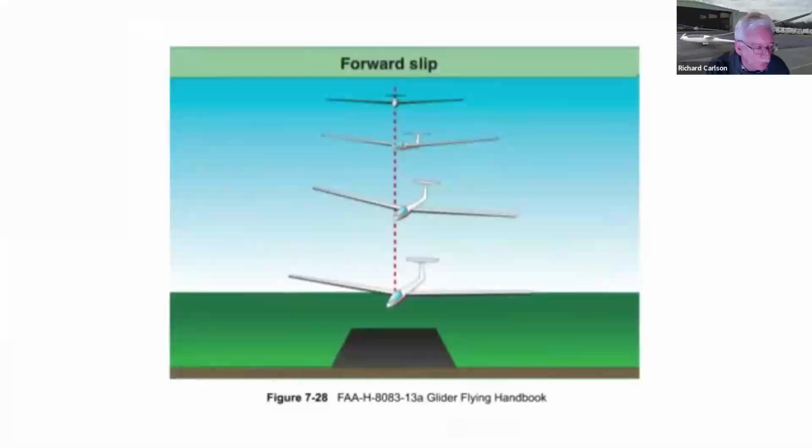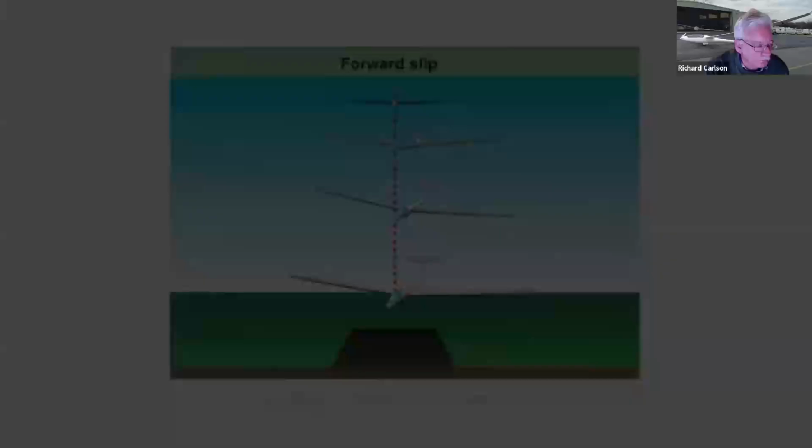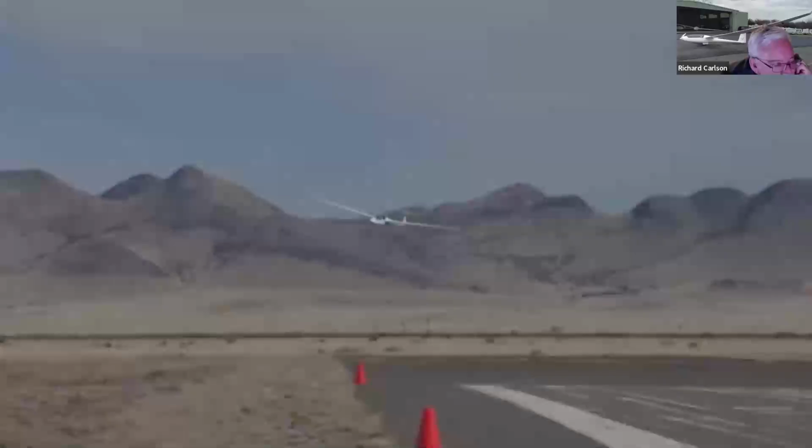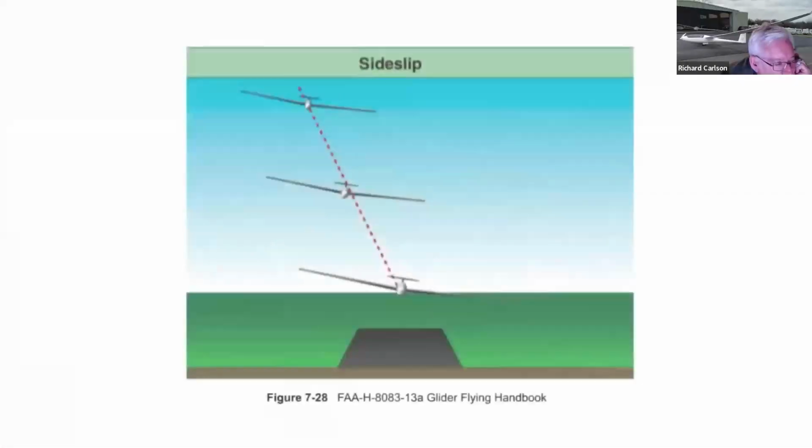A forward slip is used to steepen the approach path without increasing airspeed and with the track of the glider aligned with the runway centerline. Therefore, in a forward slip, the nose of the glider may be pointed away from the runway. A side slip is used when compensating for a crosswind.